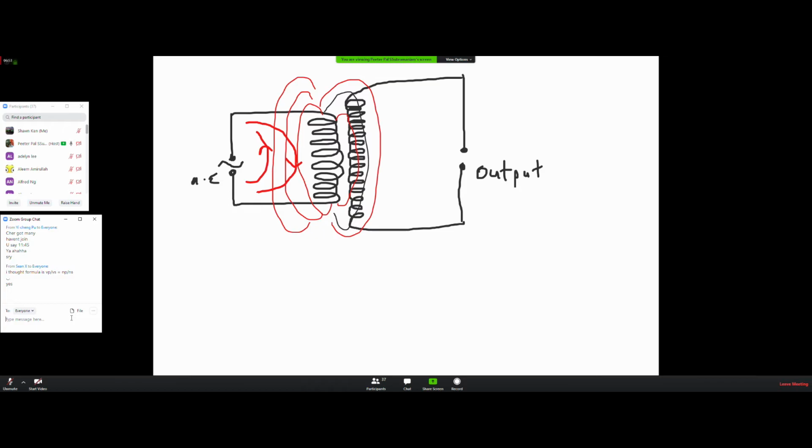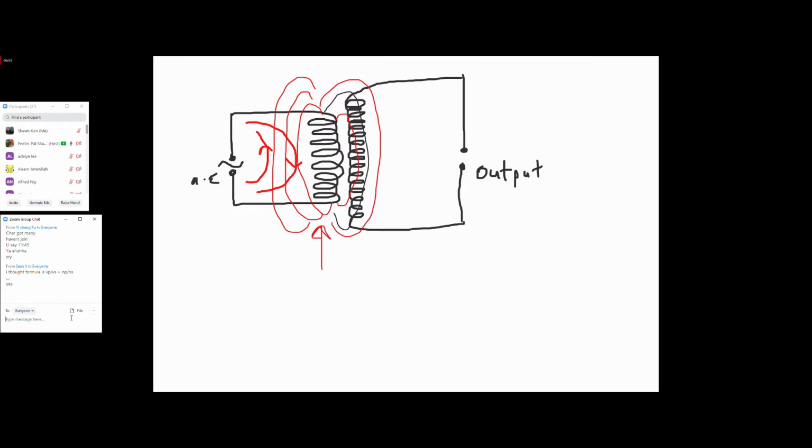The primary coil is actually a solenoid, a coil. The poles of this coil, are they changing or static? No, they are changing. These poles will change because this current is changing.